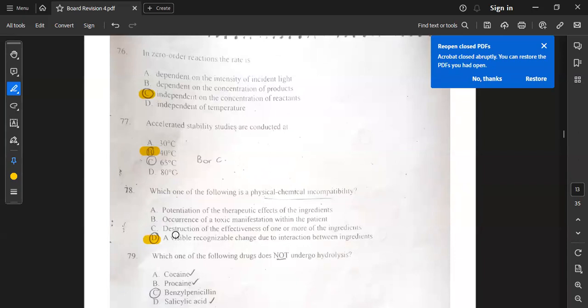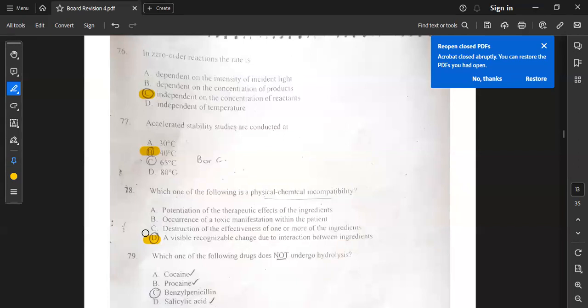So we have therapeutic, physical, and chemical incompatibility. From this explanation, Black Panther is telling us that choice A is an example of a therapeutic incompatibility, because there's a modification of the therapeutic effect of one drug when co-administered with another drug.